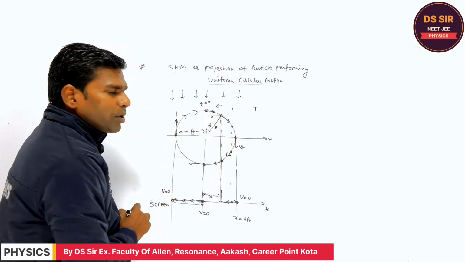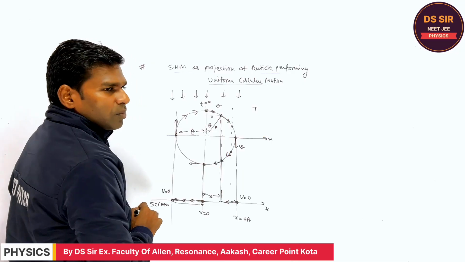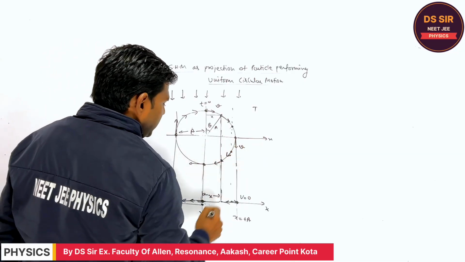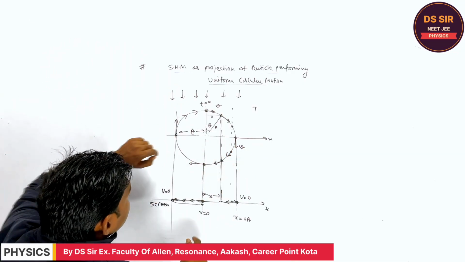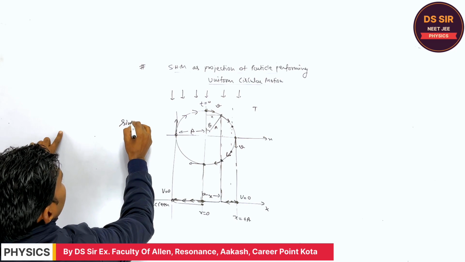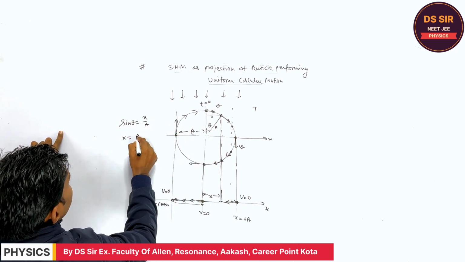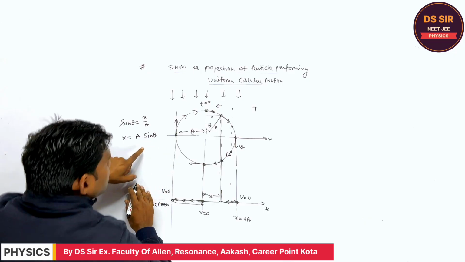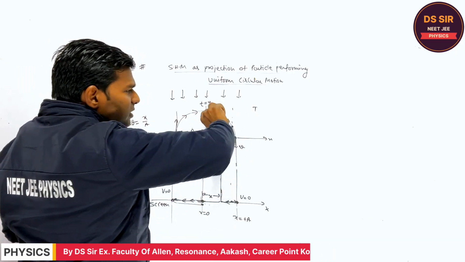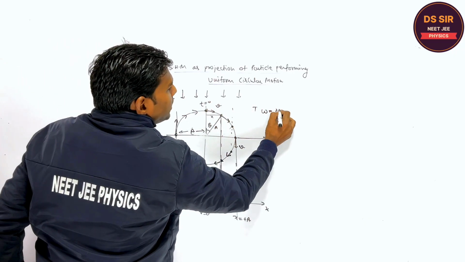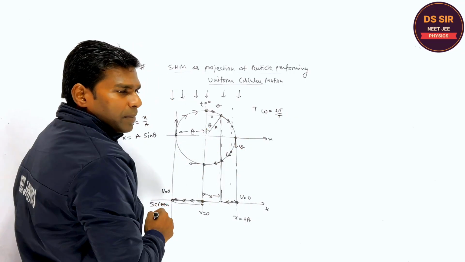If this is the amplitude A, can you tell me what is sine theta in this triangle? The sine theta in this triangle is what? Tell me. x upon A. So x is equal to what? Say A sine theta. If the time period is T, the angular speed is 2 pi by T.